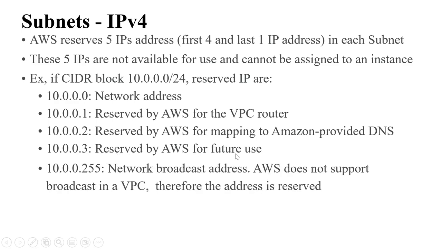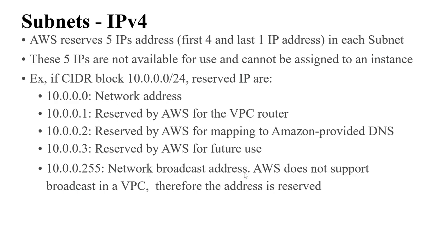The last IP address, 10.0.0.255, is the network broadcast address. Whenever we create any subnet with /24 or any CIDR, the first four IP addresses and the last one are reserved by AWS. That's why we see 5 fewer addresses in each subnet.